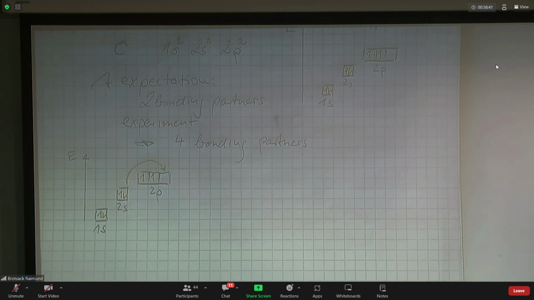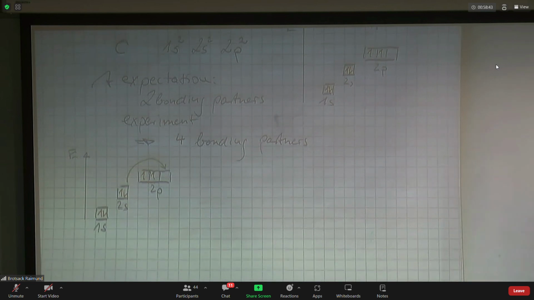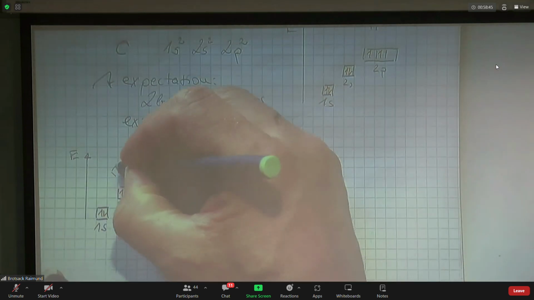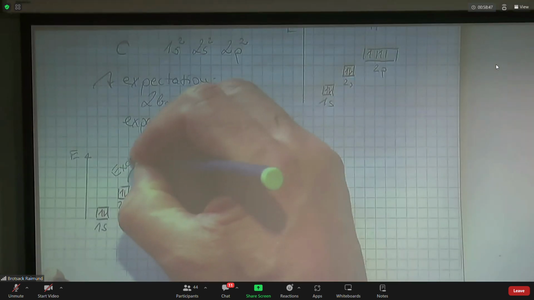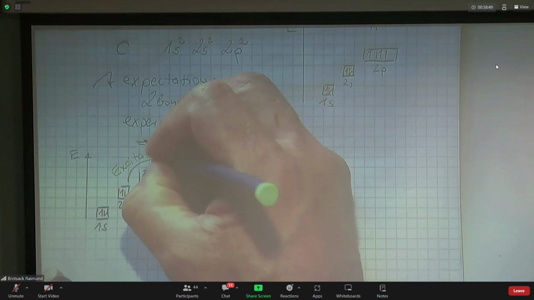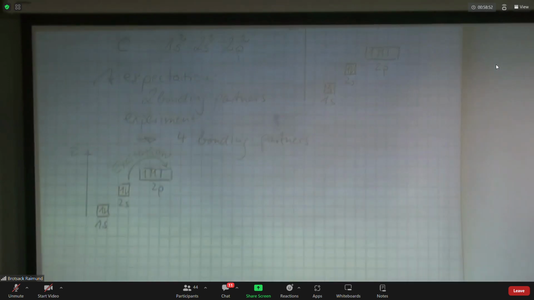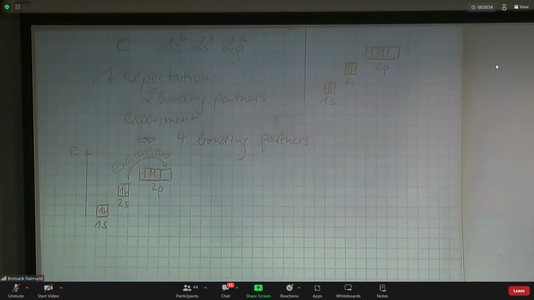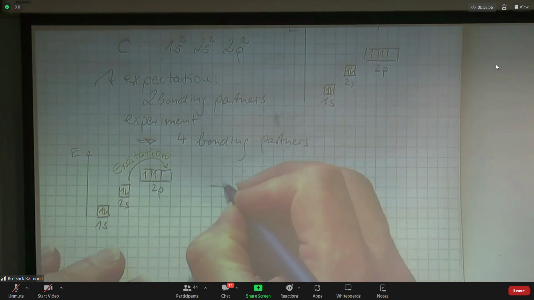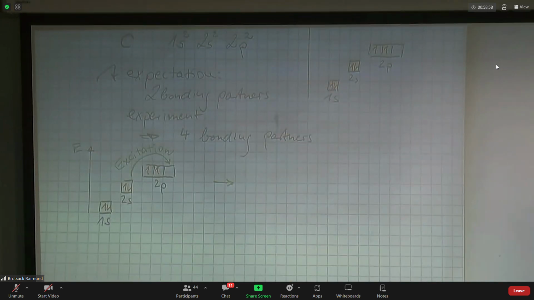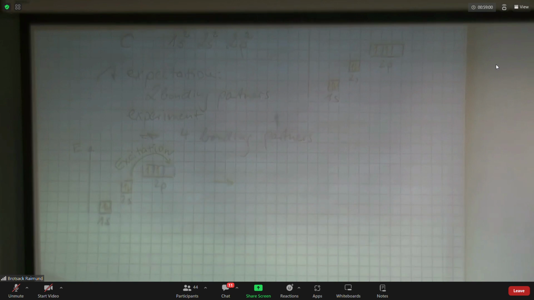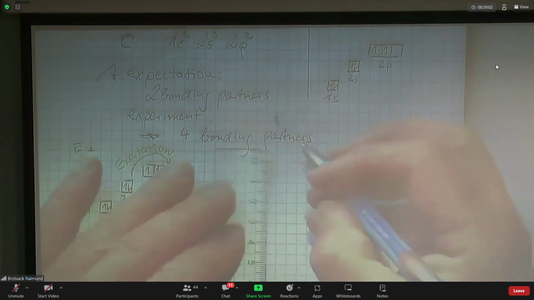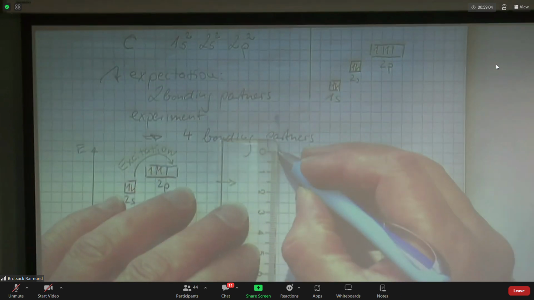So after this excitation, it looks like that. We have the energetic level diagram.